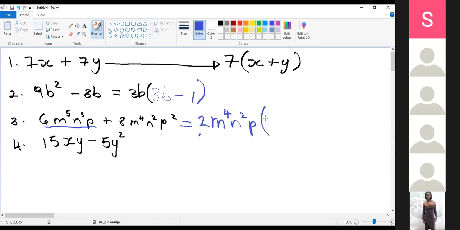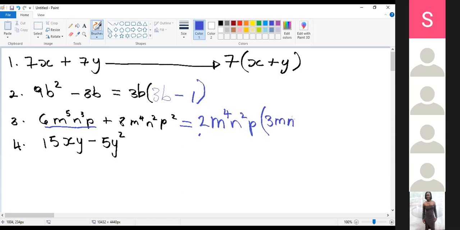3. M, good. Because m fourth going into m5 leaves you with m. N2 going into n3, n to the 2 goes into n to the 3, leaves you with what? N. Leaves you with n.